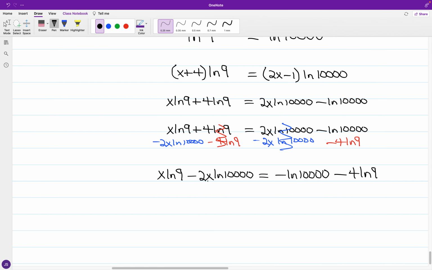Okay, and so I got x terms on the left hand side, and to still solve for x, what I can do is factor out x. So I have x times the natural log of 9, and factoring out x in the second term, we have x times negative 2 times the natural logarithm of 10,000.